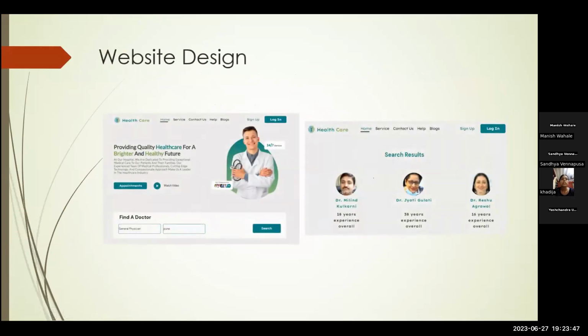Okay, so the find a doctor frame allows the user to enter the category, that is general physician, and the area they are in.